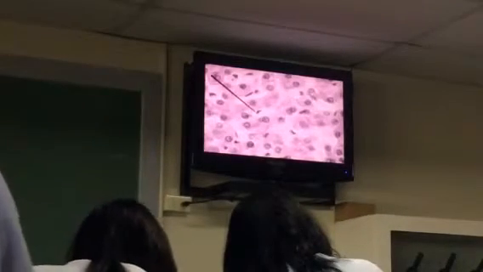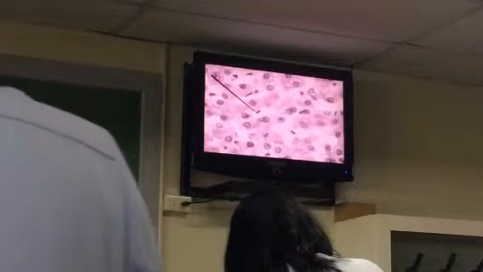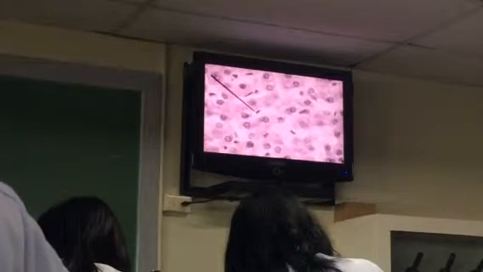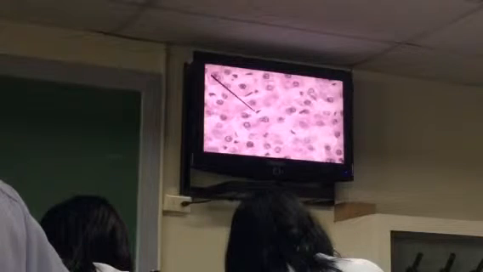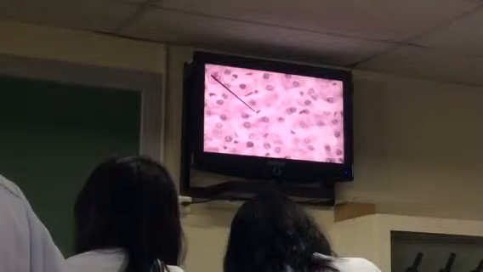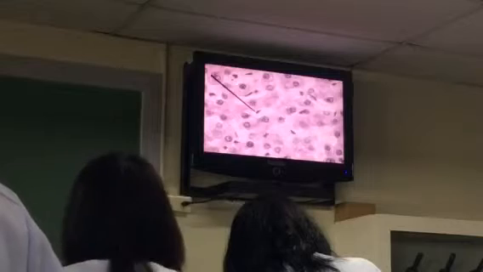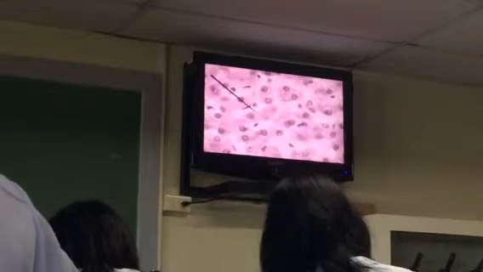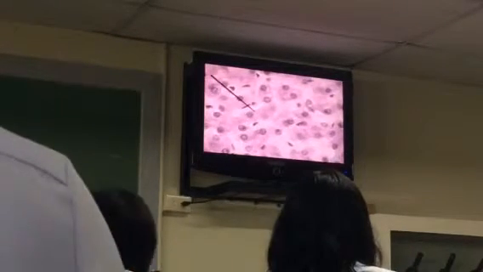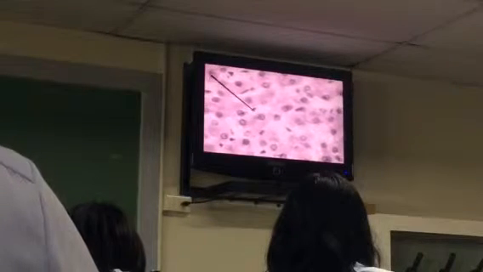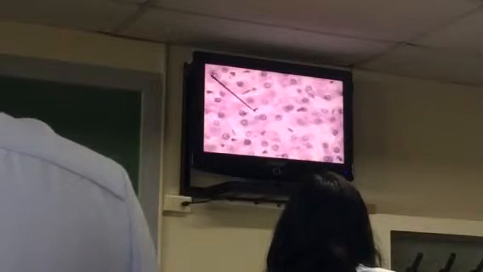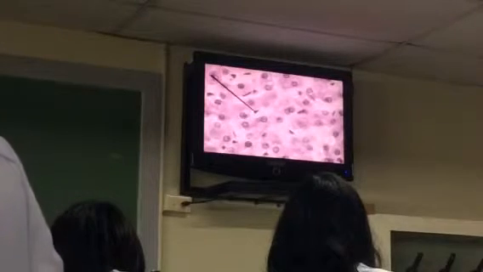Spelled as capital K, U, P, F, F, E, R. We're going to mention the importance of these cells during the lecture. Again, what are the structures that we want you to look for? Identify the parenchyma here, identify the vascular space, which we call your sinusoids, and identify the Kupffer cells.